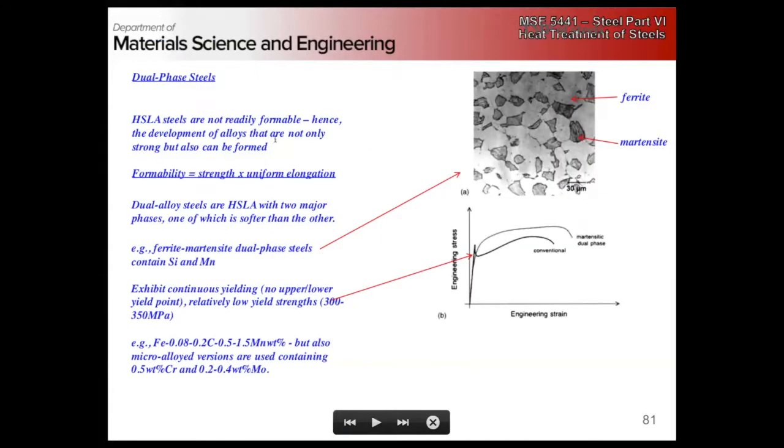We'll talk more about this, but I threw this slide in here because I want you to start to think about what processing route you would need to develop a microstructure like this. How do you have the stable martensite surrounded by ferrite? What is the process you have to go through?